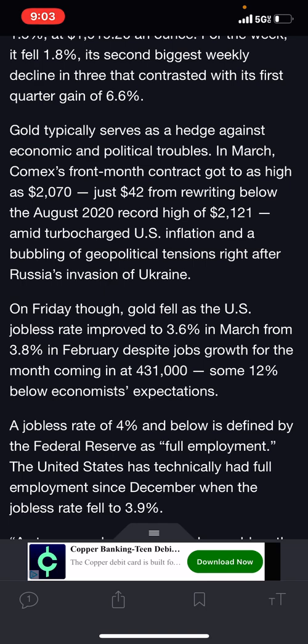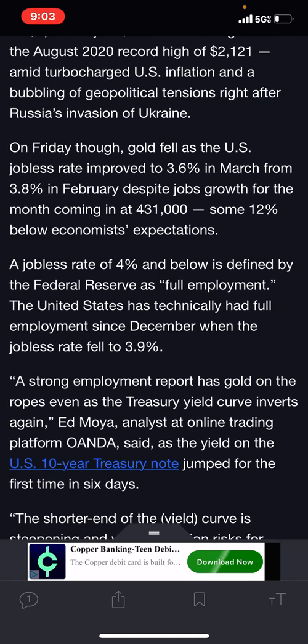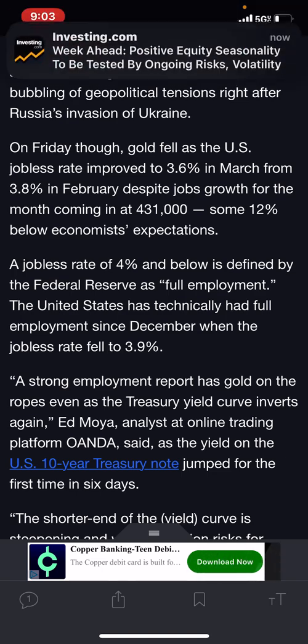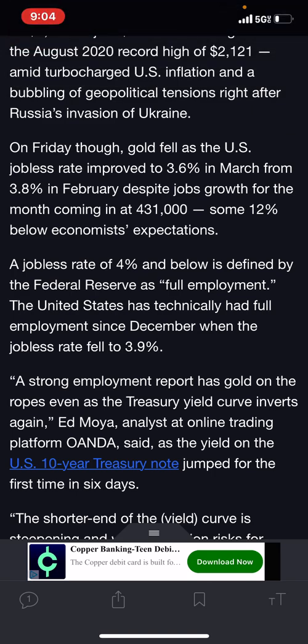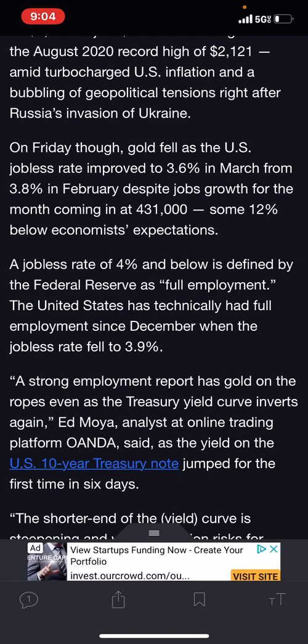Okay. And what's really going to show that is the price of gold. So if gold continues to go down, that means our economy is doing good and the American economy is getting stronger. But if you start to see gold prices picking up, now the only way gold prices can pick up, right, and be not related to the strength or weakness of the American economy, will be solely due to geopolitics.